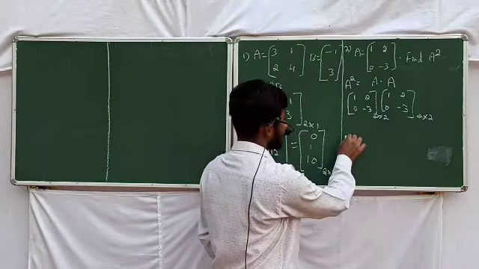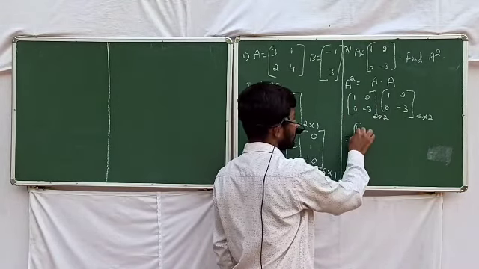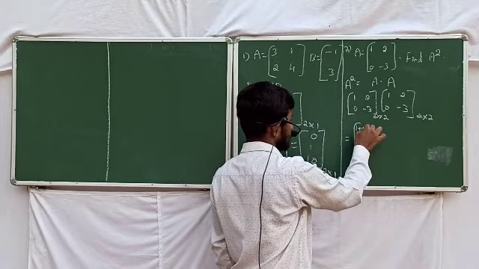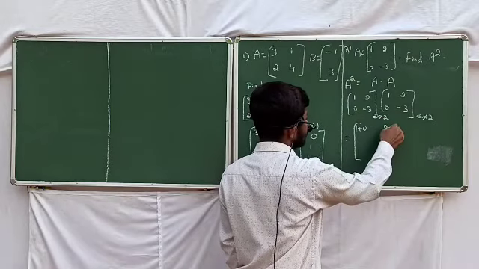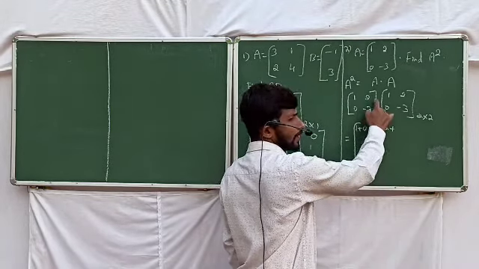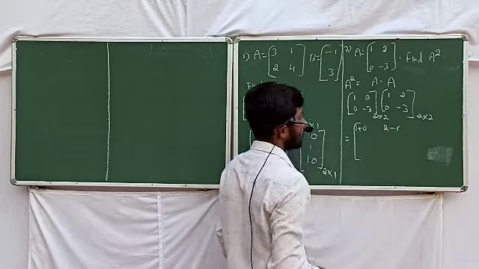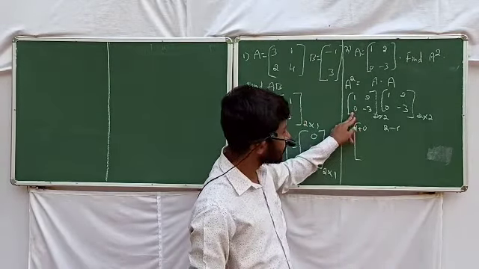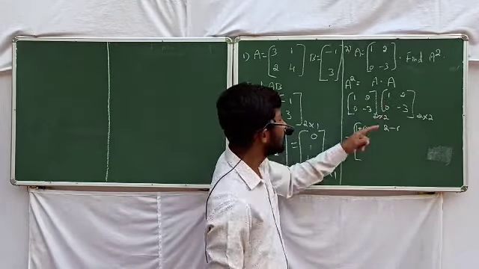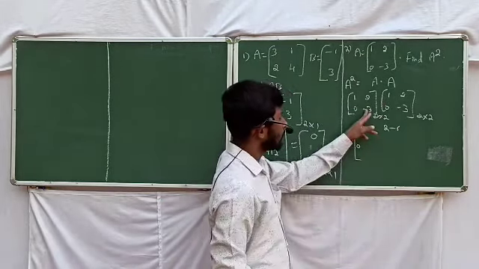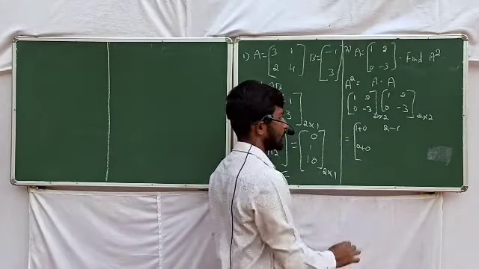In the next step, it's equal to 1 into 1 plus 2 into 0, first entry: 1 into 2, 2, plus 2 into -3, its value is -6. Next, second row with column 1: 0 into 1, 0, plus -3 into 0, its value is 0.